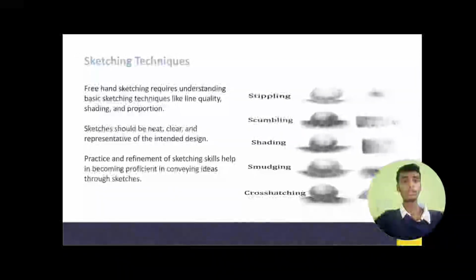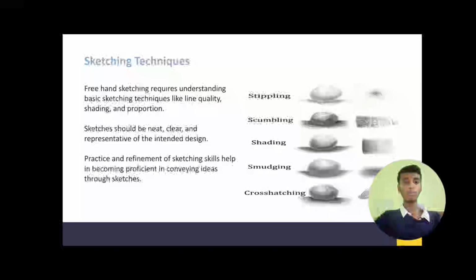We will see the sketching techniques. What are the sketching techniques that are used in freehand sketching? Freehand sketching requires understanding basic sketching techniques like line quality, shading and proportion. Sketching should be neat, clean and representative of the intended design.